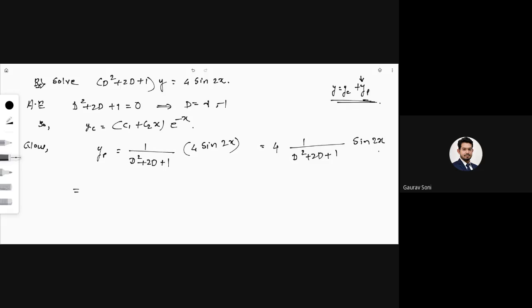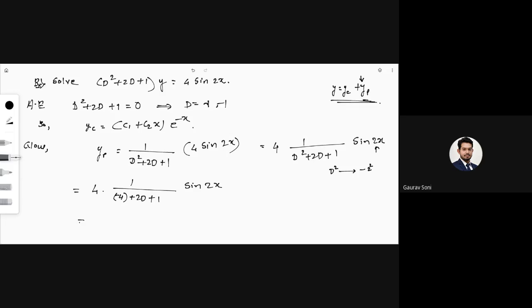The value of a is, please make sure, value of a is 2. So d square will be minus of a square. So d square will be replaced by minus of 2 square, which is minus 4. So this will be 4 into 1 upon, d square replaced by minus 4, plus 2d as it is, plus 1, sine 2x.